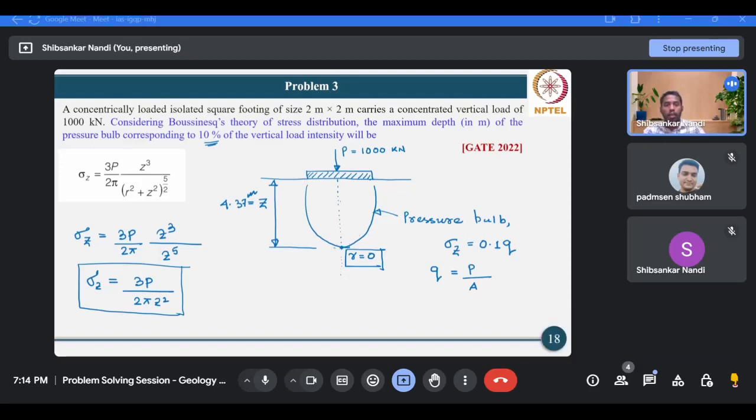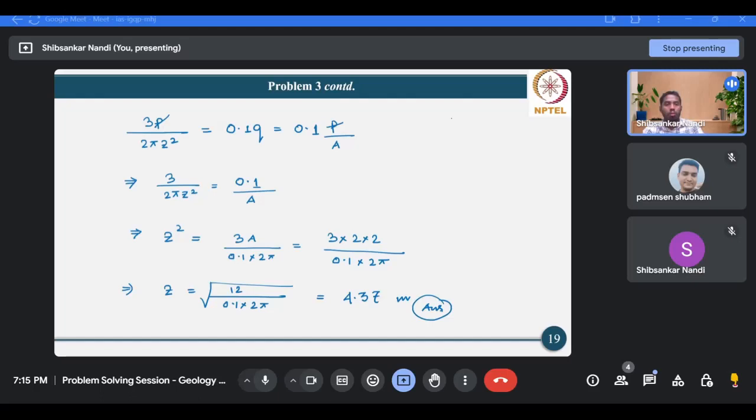So you will be getting the maximum depth of the pressure bulb along the line of location of P, means this P and the point where you have the maximum depth of the pressure bulb are both along the same vertical plane. So that means r is 0. So what is r? In Boussinesq's theory, suppose this is your point load.